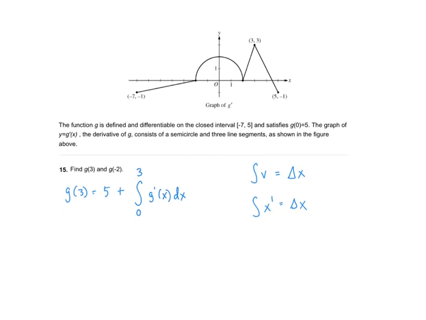Okay, so that's the most important thing, is just understanding that, I think. Now we have to find this integral, and we'll do that by looking at the graph and interpreting it as area.